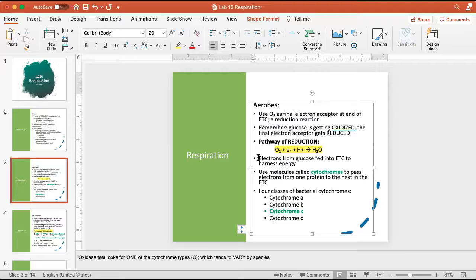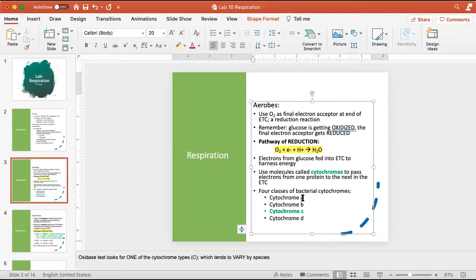Now, in bacteria, there are 4 classes of these cytochromes, and they're referred to by letters. There's cytochrome A, there's a cytochrome B type, there's cytochrome C, and there's cytochrome D. Now I have the cytochrome C highlighted because one of the tests that we're going to look at today is going to test for this particular type of cytochrome within the microbial cell.